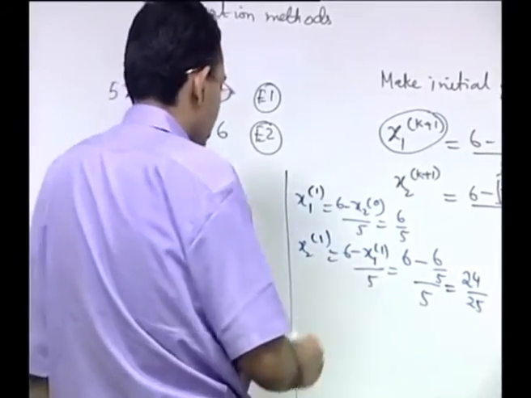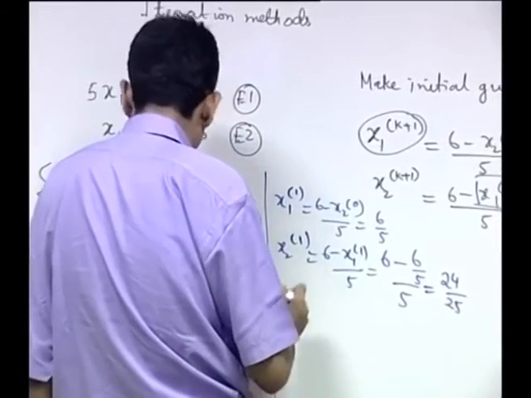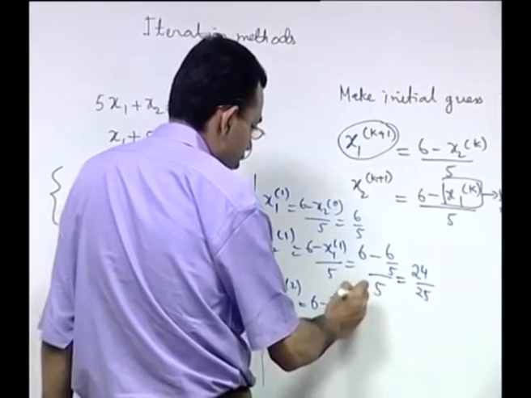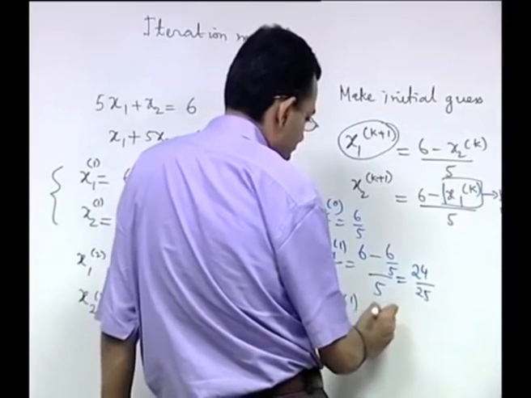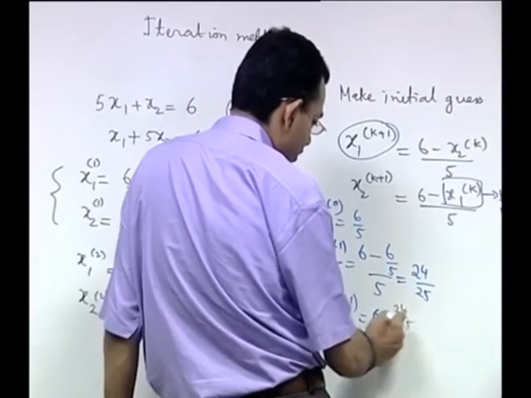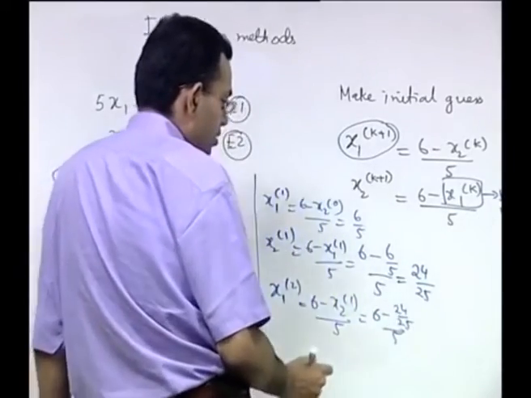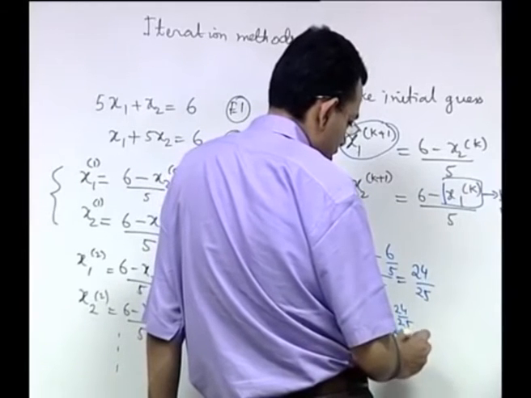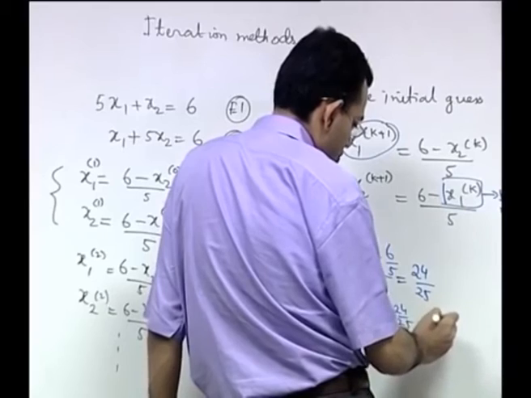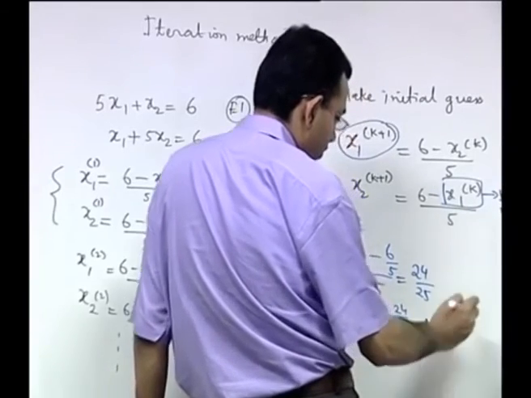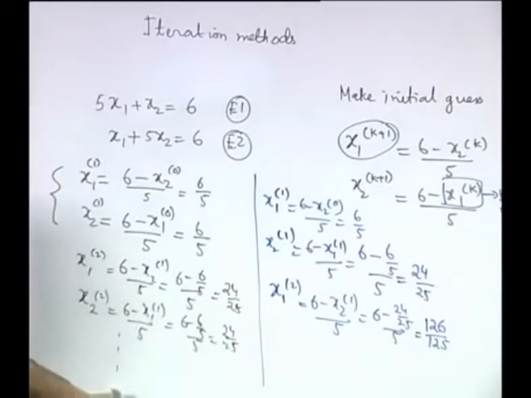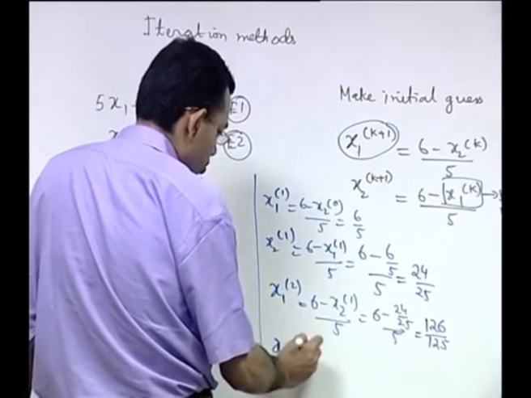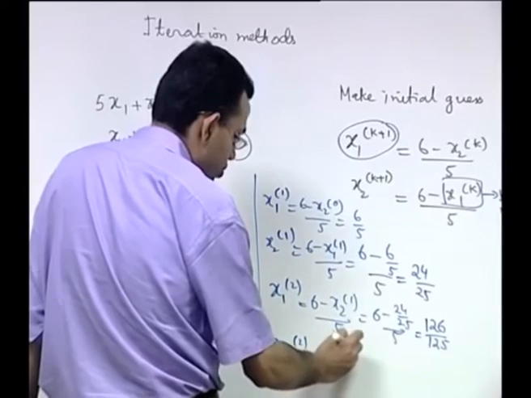So, next you calculate one more step just for example. So, x1 2 is equal to 6 minus x2 1 by 5. So, 6 minus 24 by 25, by 5. So, that is 126 by 125, and x2 2 is equal to 6 minus x1 2 by 5.